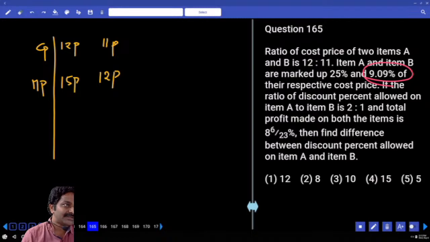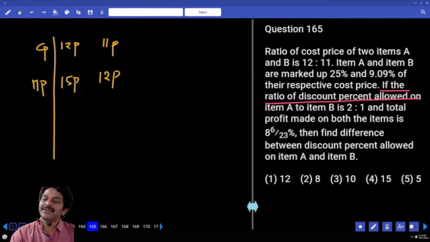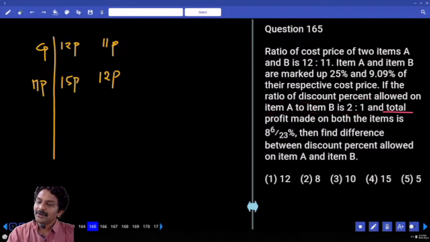These are market prices. Next, the ratio of discount percentages allowed on item A to B is 2:1. The discounts ratio is mentioned as 2:1. Understood? So that may be 2%, 1%, 4%, 2%, 6%, 3%, anything it can be. Total profit made on both items is 86/3%.